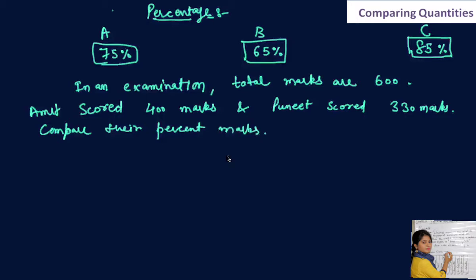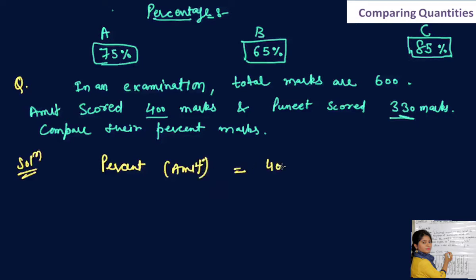Marks are not given in percent here, right? So first of all we need to find the percentage and then we can compare. First of all we should know the total marks of that examination.